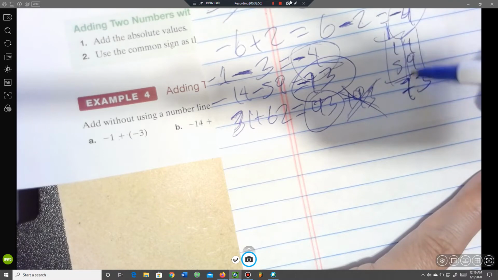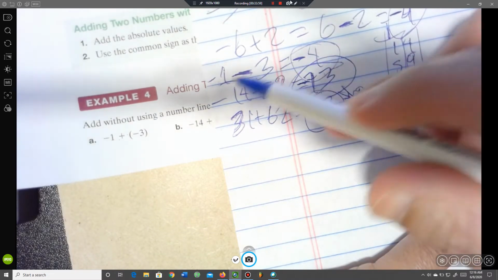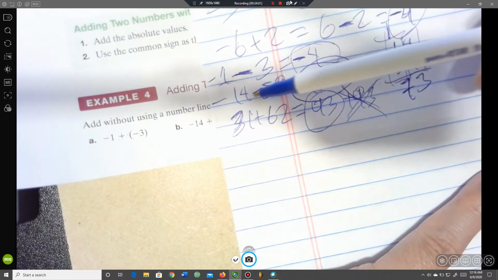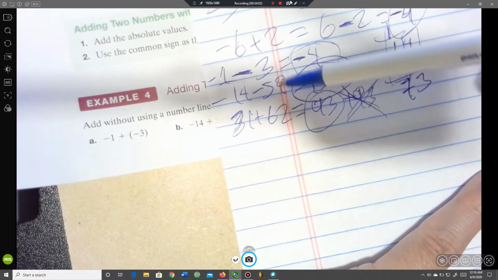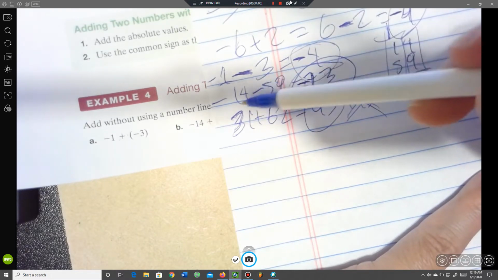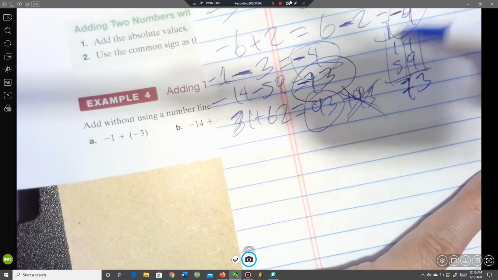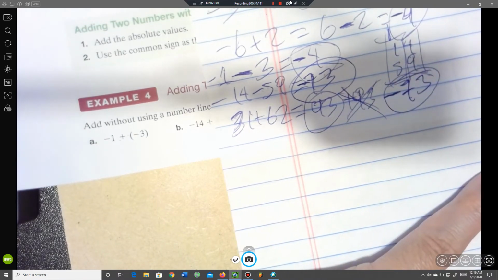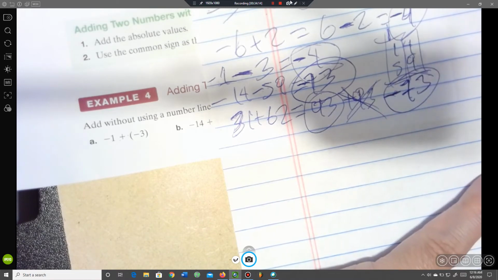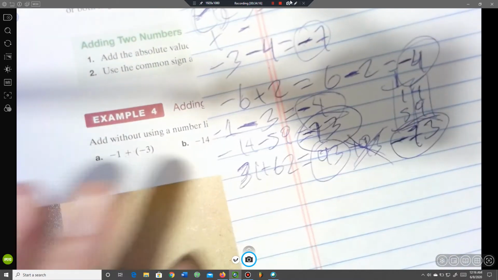That's how you do it by hand. Okay, 73, and then go back to the original problem here and look at the signs. Both of them are negative. The answer should be negative.